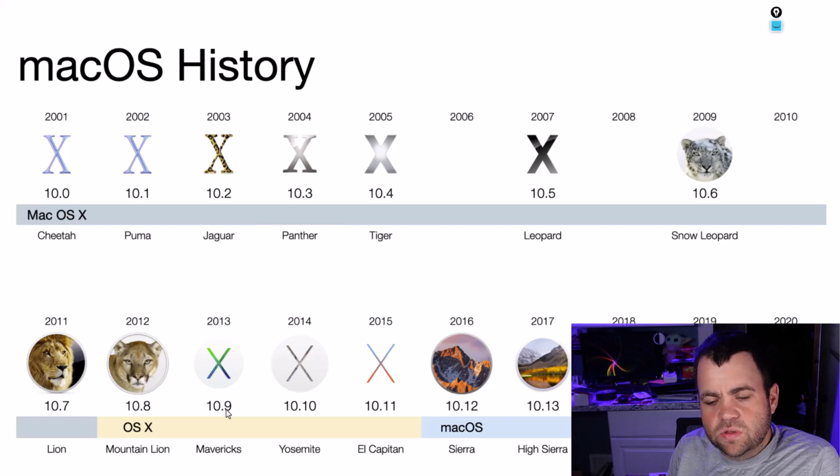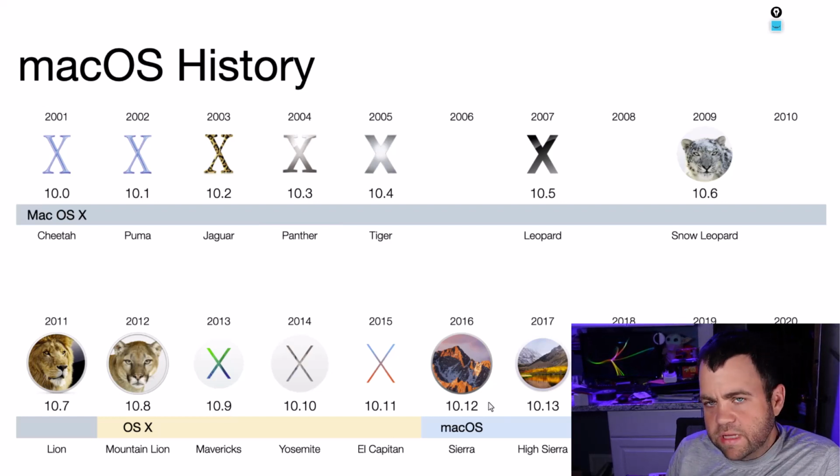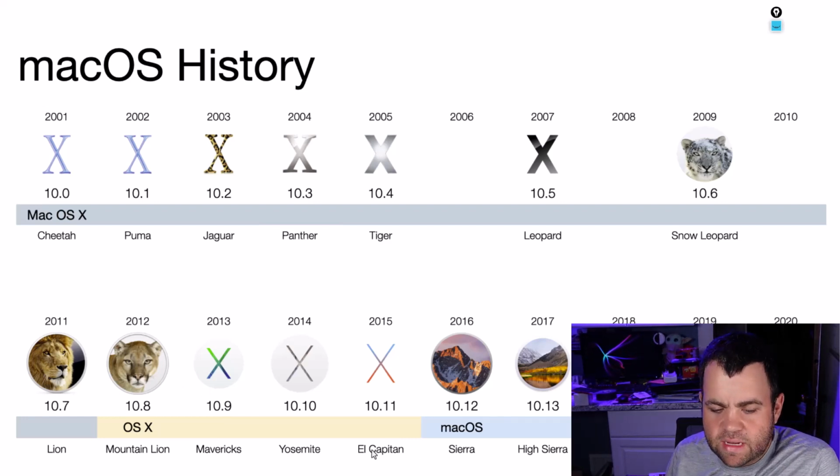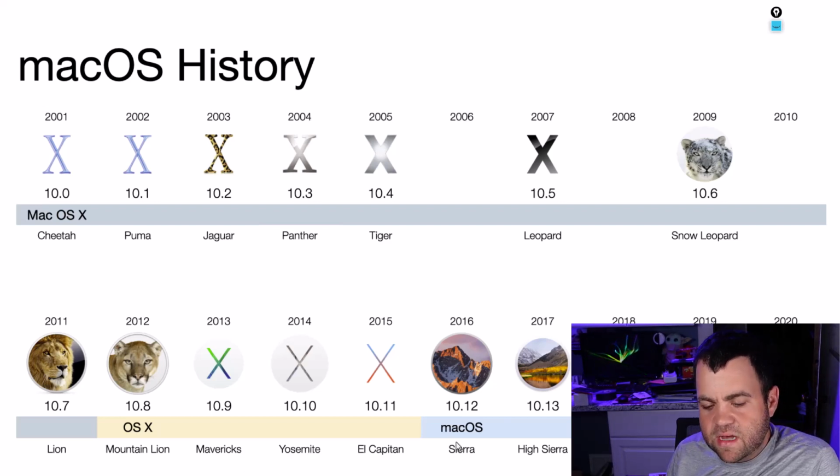So they went to large landscapes, and different mountaintops and mountain points and stuff like that. So we have Mavericks, Yosemite, El Capitan, Sierra, High Sierra, Mojave, Catalina, and Big Sur. And then we've had some since then as well.